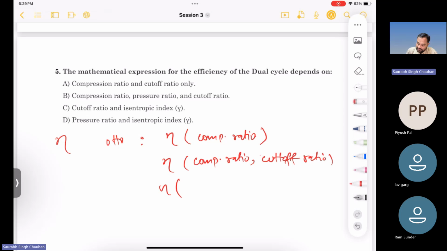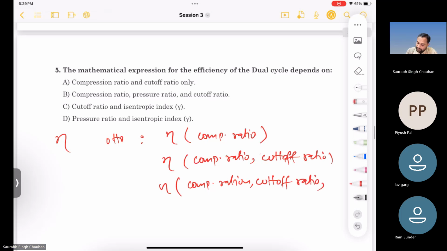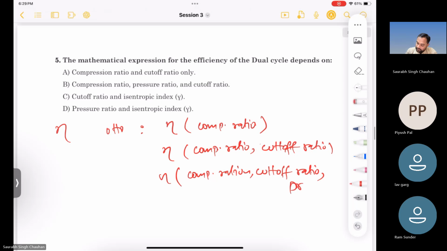And in the dual cycle, it depends on the compression ratio, the cutoff ratio, as well as the pressure ratio.